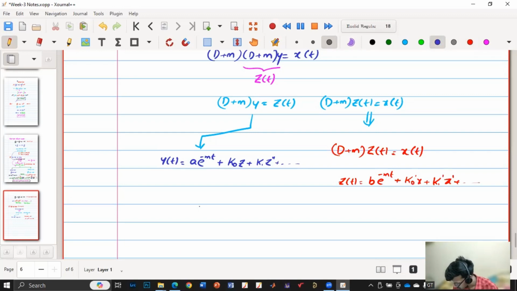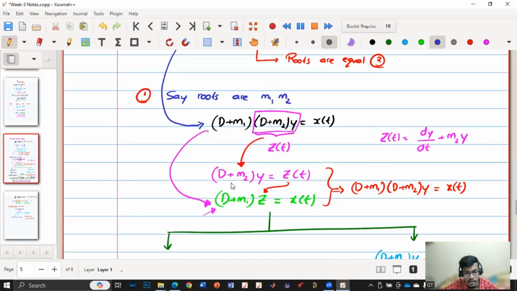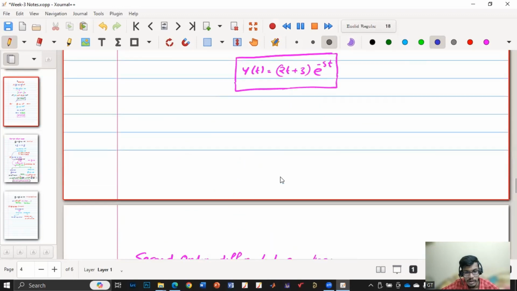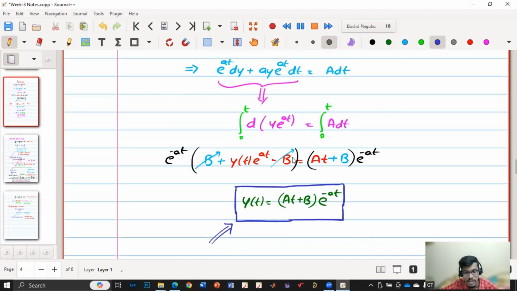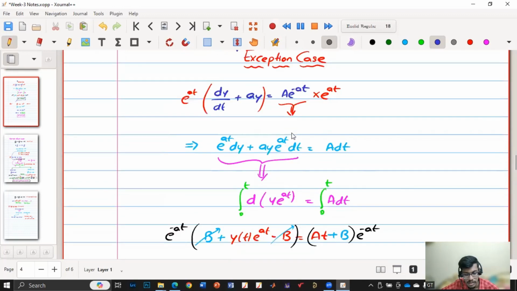Now the issue is we can write this only when x of t is not that exceptional case. We have studied an exceptional case that if it is e to the power minus at, where a is nothing but this a, then I will not get that form.